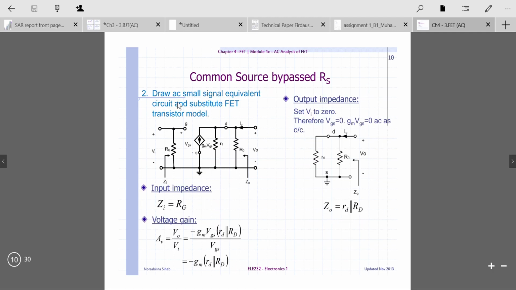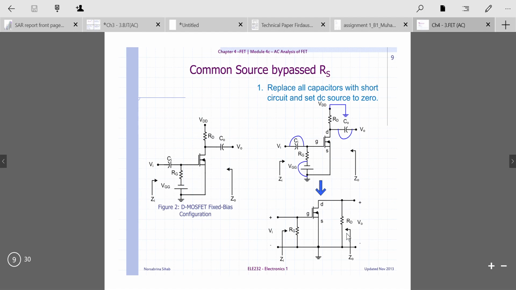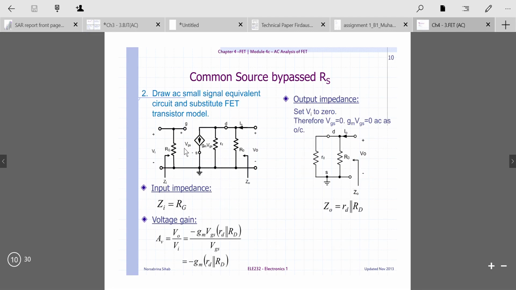Number 2, draw the AC small signal equivalent circuit and substitute the FET transistor model. After you redraw the circuit, you change this symbol to the AC equivalent circuit, and then you will get this AC equivalent circuit.